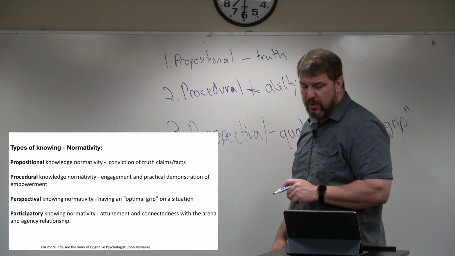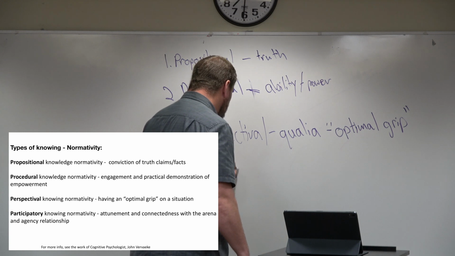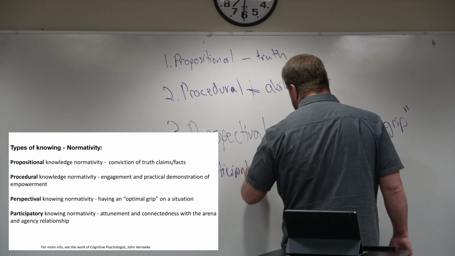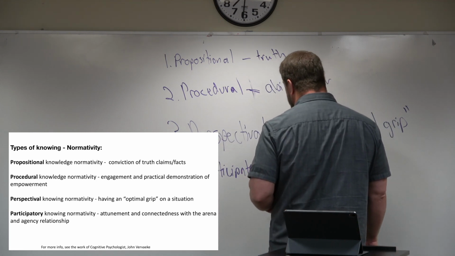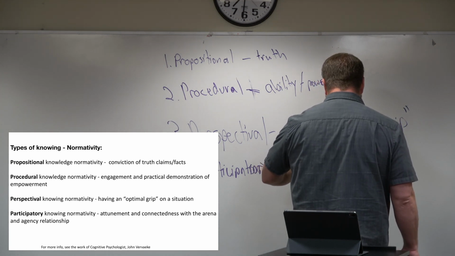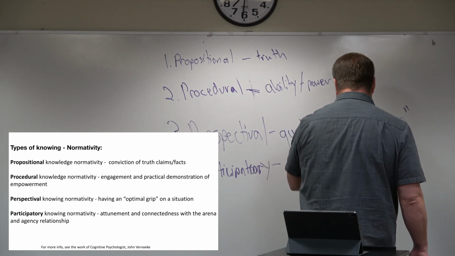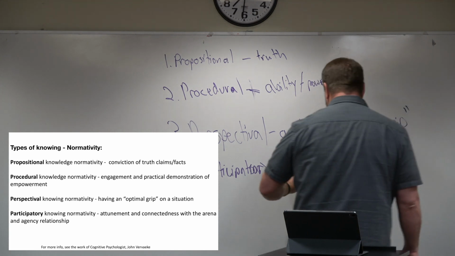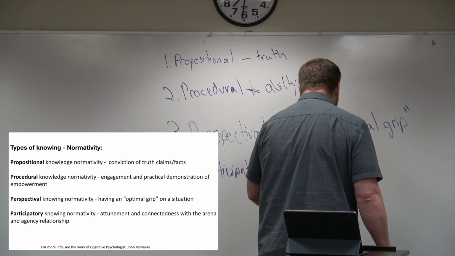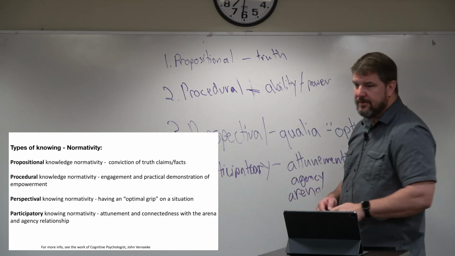You have participatory knowing. And the normativity of participatory knowing is attunement with your agency and arena relationship. So your agency and arena, well, imagine you're a football player and the arena is the football field.